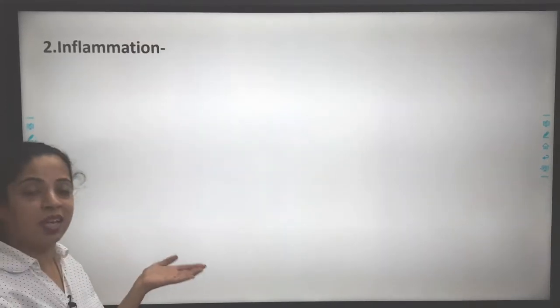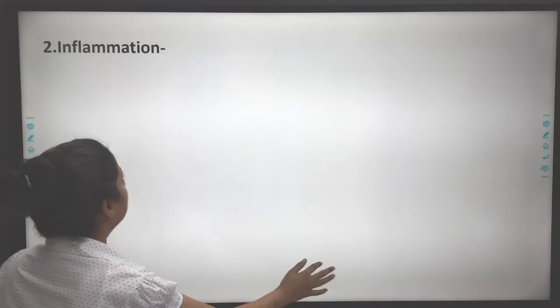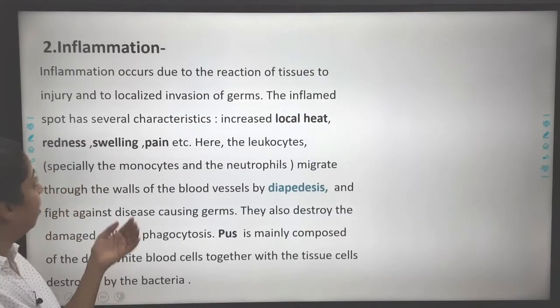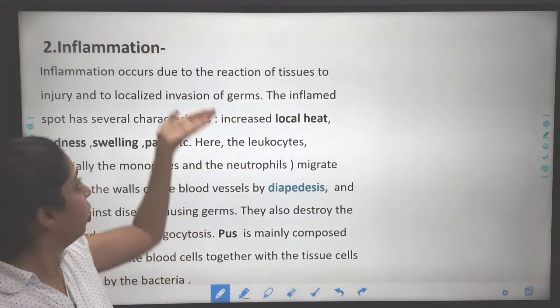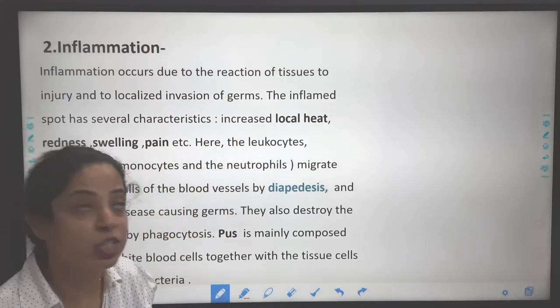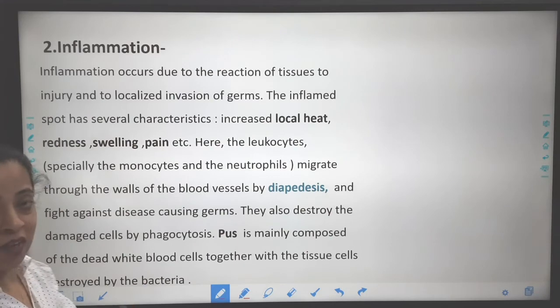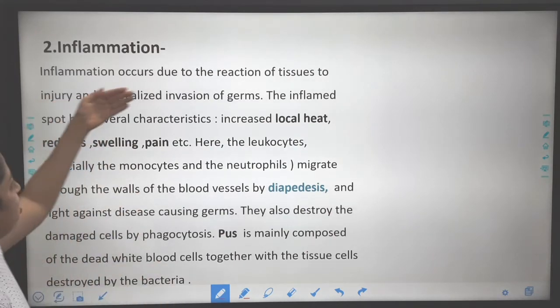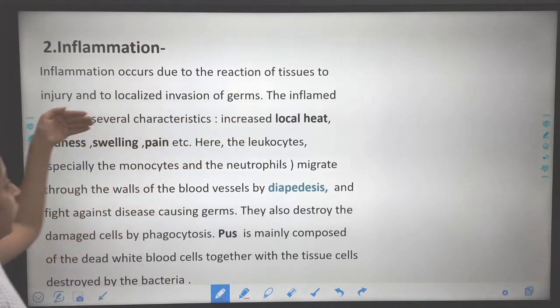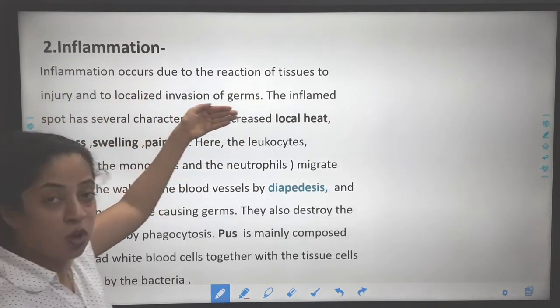Now going on to the second function, that is inflammation. Inflammation occurs due to the reaction of the body tissues to injury, whenever there is injury or localized invasion of germs.